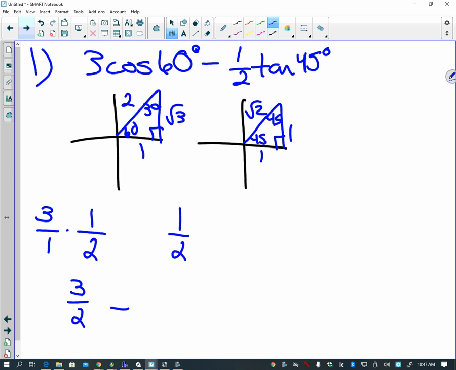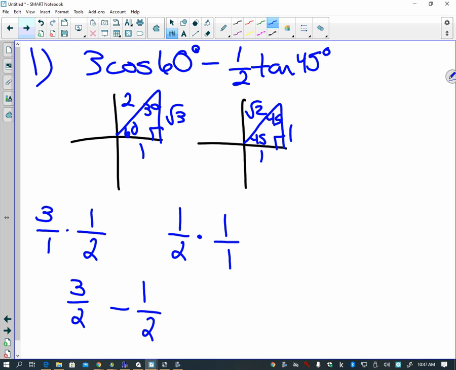We want tangent of my reference angle. Tangent is opposite over adjacent. What's opposite of my reference angle? 1. What is adjacent to my reference angle? 1. So 1/2 times 1 is 1/2. So I have 3 halves minus 1/2.